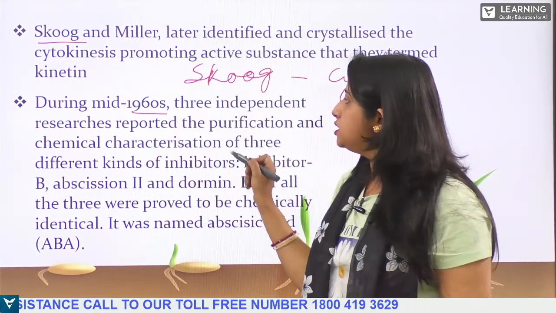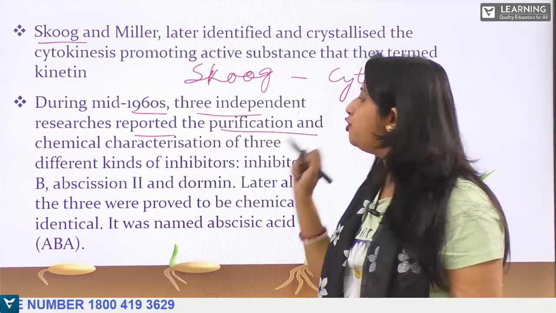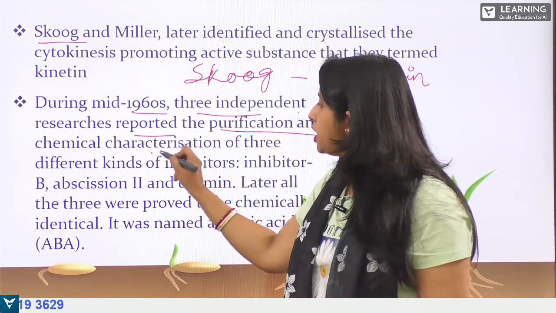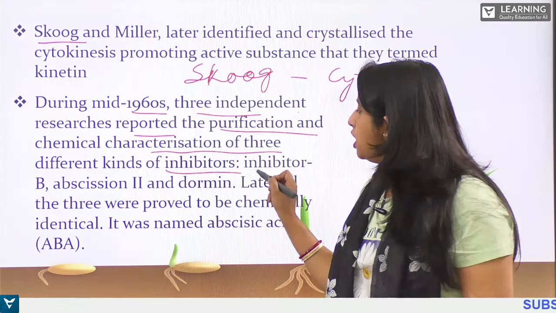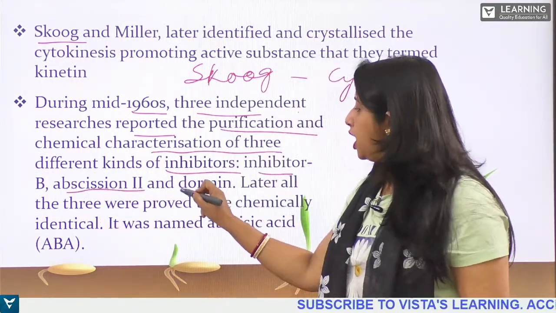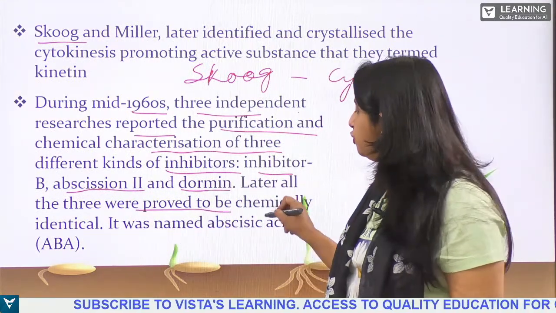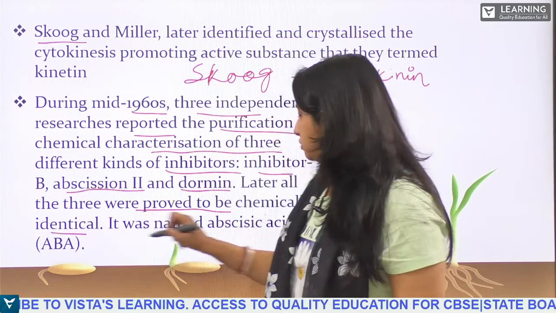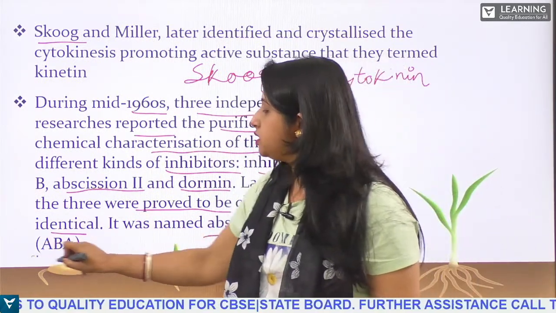During the mid-1960s, three independent researchers reported the purification and chemical characteristics of three different kinds of inhibitors: inhibitor B, abscission II, and dormin. Later on, they were proved to be chemically identical and were named abscisic acid.